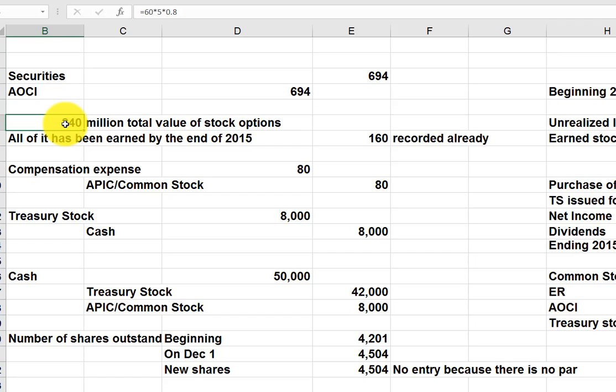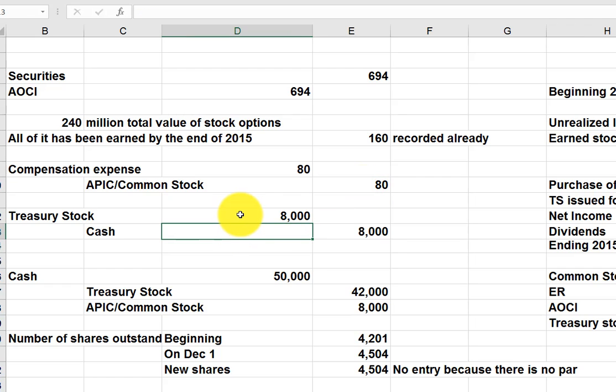They earn it over 3 years, and those 3 years, at the end of 2015, have all been earned. 3 years is over. So while there's 160 recorded already, 240 needs to be recorded. So we just record the difference, the 80 compensation expense and additional paid in capital.